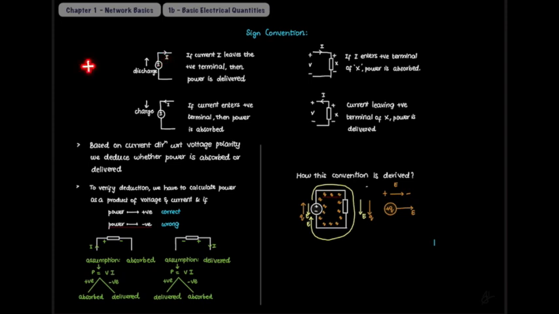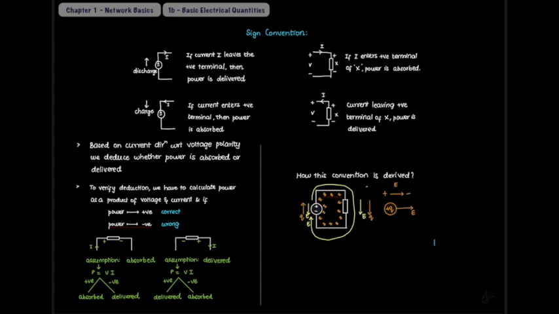So basically, if we have a positive terminal and the current leaves the positive terminal, we assume that this element is delivering the power. On the other hand, if we have a positive terminal and the current enters the positive terminal, we assume that the power is being absorbed by that element.